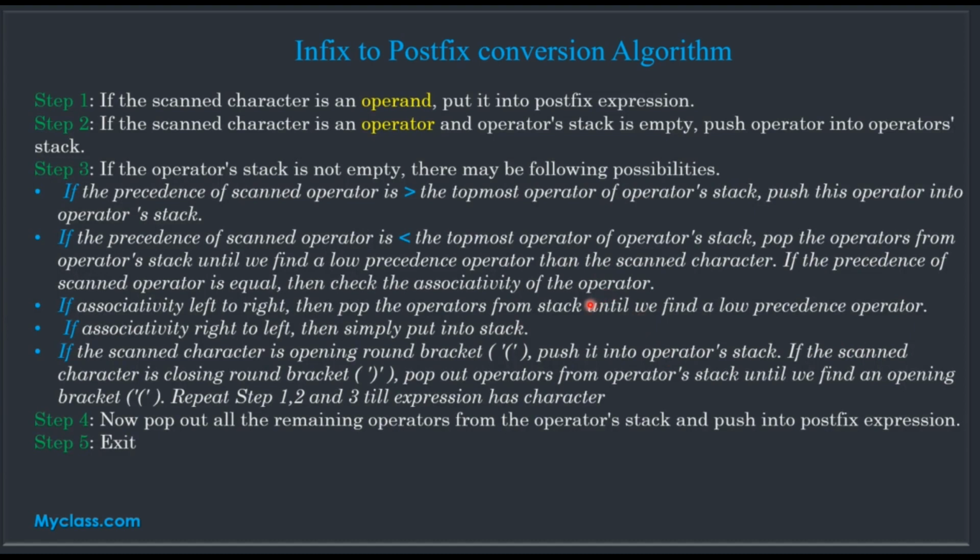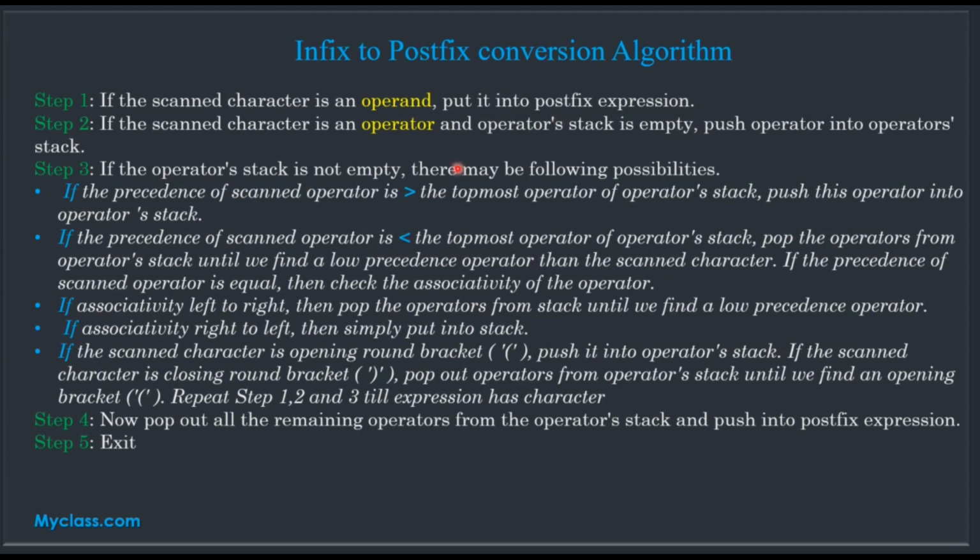The algorithm contains lots of explanations, but it is very easy when we explain it with an example. First, I am just reading this algorithm. So listen. The first step is, if the scanned character is an operand, put it into the postfix expression.